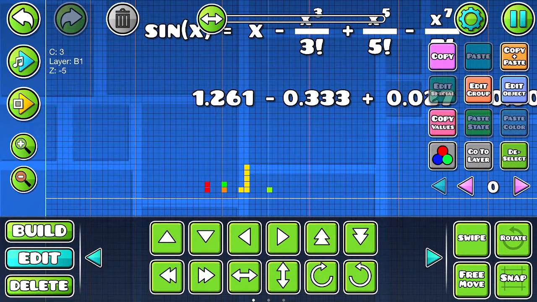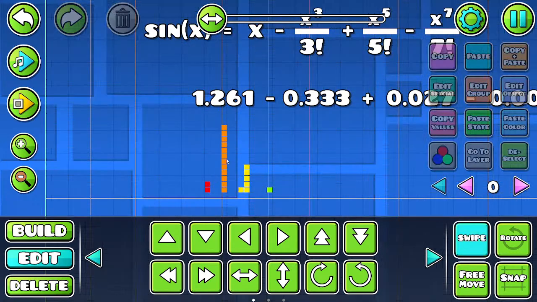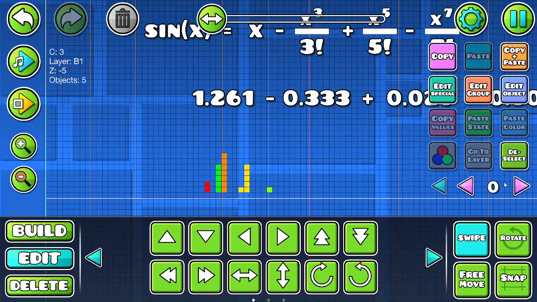So I have to borrow a 10. 1, 2, 3, and then I have to carry them. Yep. And then I can't subtract 3, so I have to.